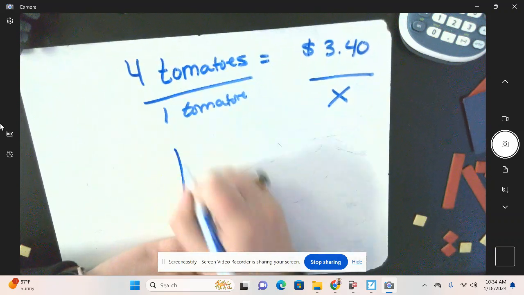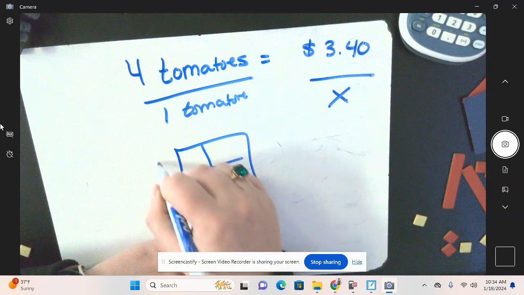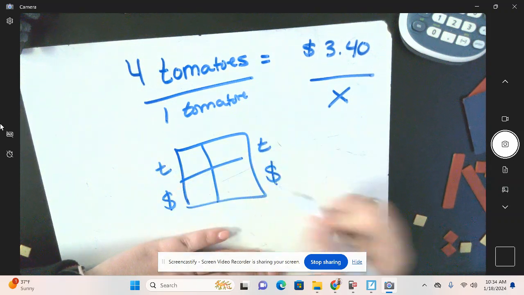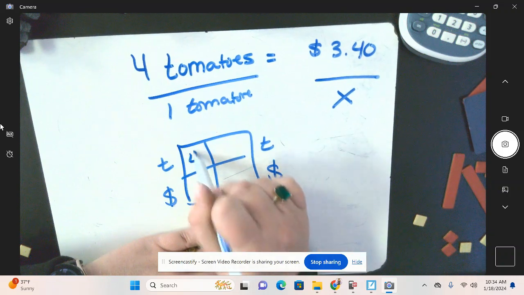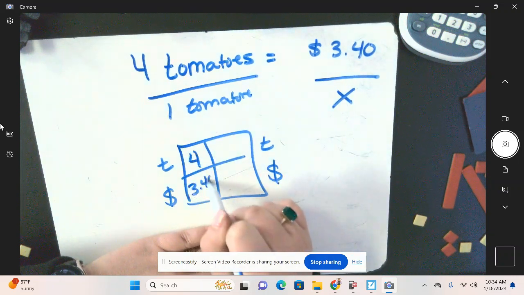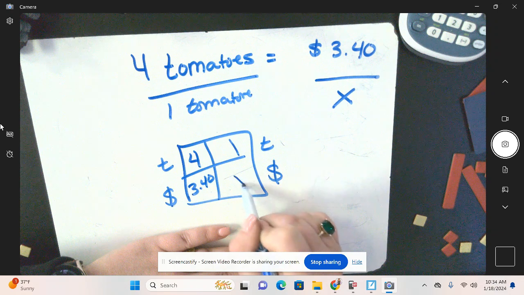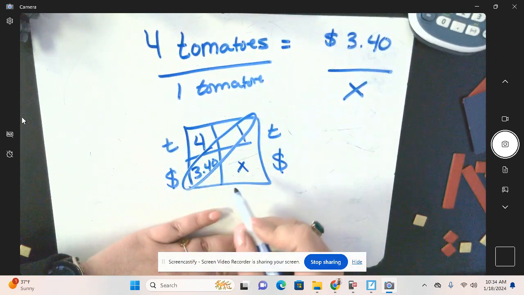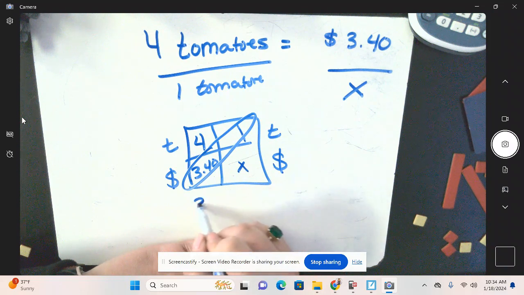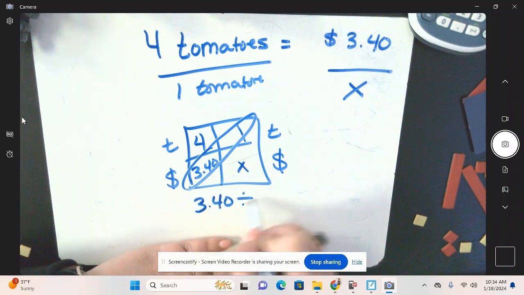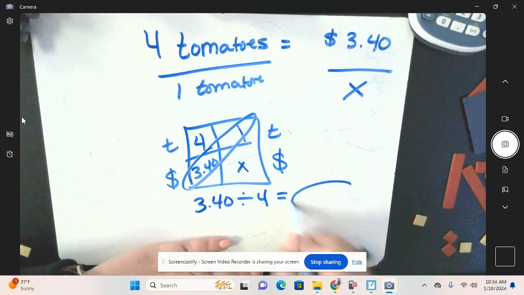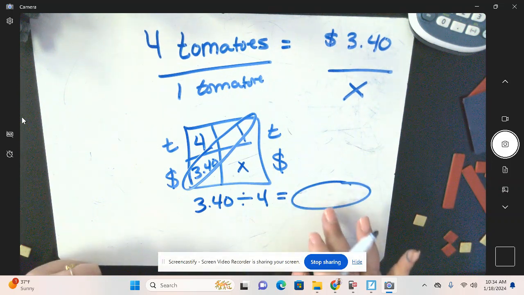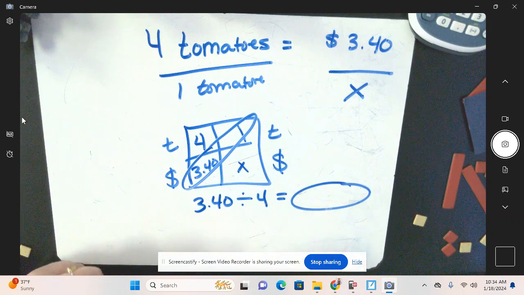You really could set it up as a ratio box where we have the price of tomatoes to money. And if we have 4 tomatoes and they cost $3.40, we want to know how much 1 tomato is going to cost. So to solve that, we're going to cross multiply $3.40 times 1, which is $3.40, and divide it by 4. And it's going to give me the cost of 1 tomato, and that is going to be my unit rate, and that's going to be my answer.